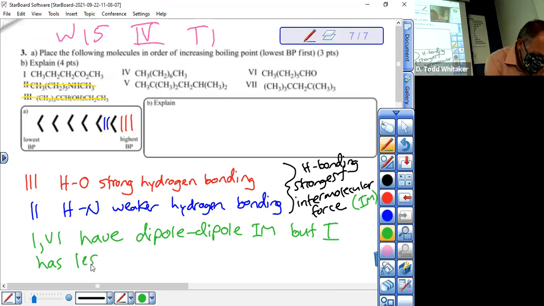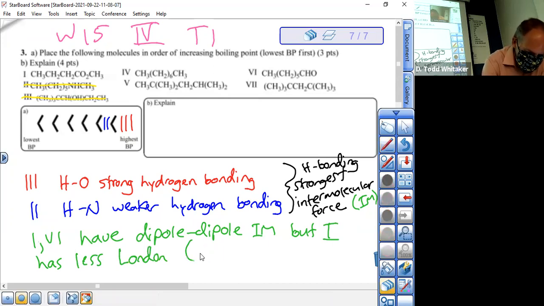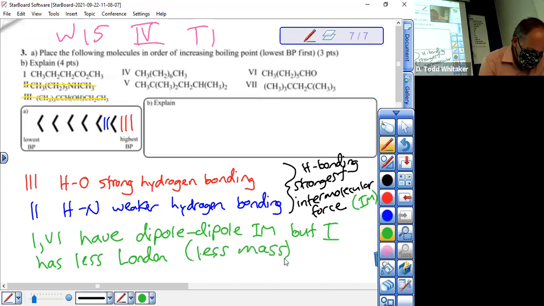It is, let's say, less mass. Okay. And that means you're going to put 1 here and 6 here. Cross them off.